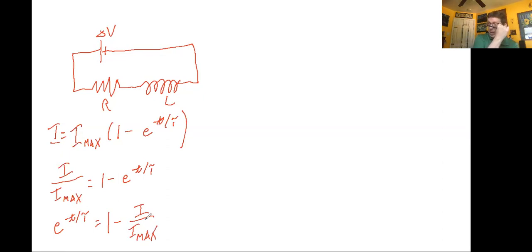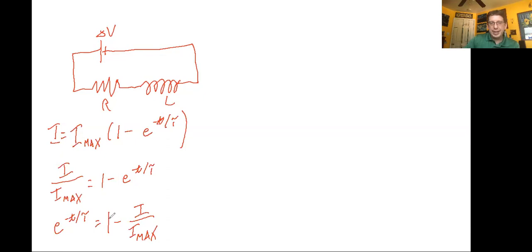Now, keep in mind what the problem is asking you. It's asking, within 5% of its maximum value. That's equivalent to saying, how long does it take to get to 95% of its maximum value?